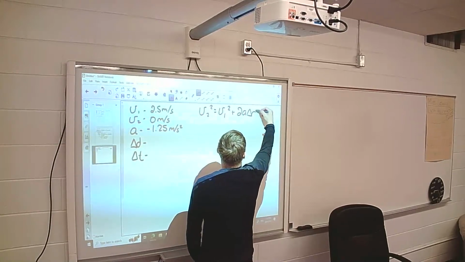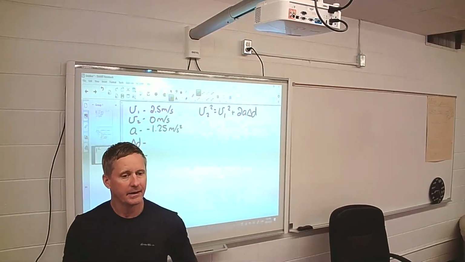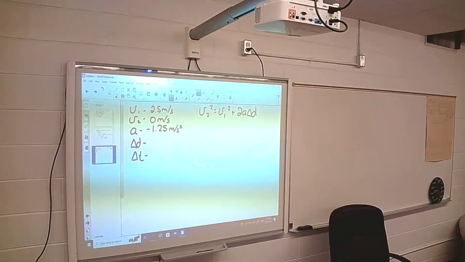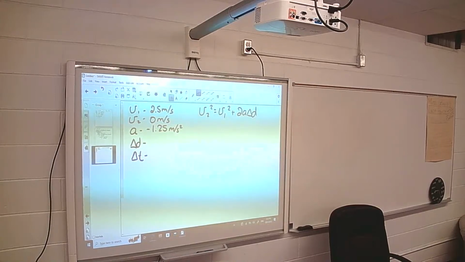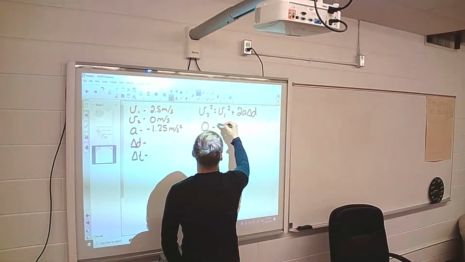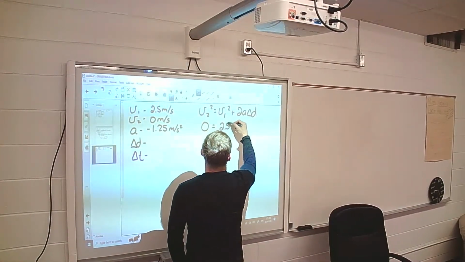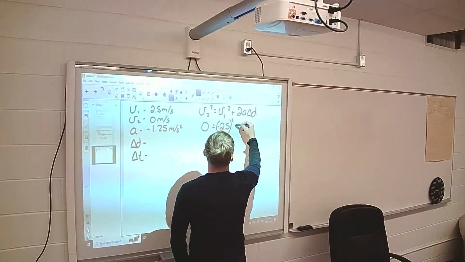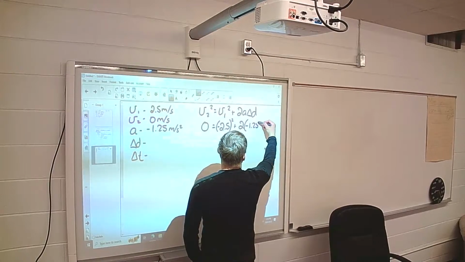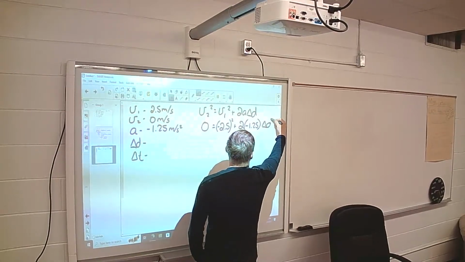I don't know of an easier way to show you this than to list those out and then look at the equations that are given to you and say, okay, I have 4 pieces of information. I need those 4 to be all in the same equation. Okay? So now, V2 squared is 0. V1 squared is 2.5. It could be a negative, but I'll put a square there, so it doesn't much matter. 2. This is a negative. And D here.